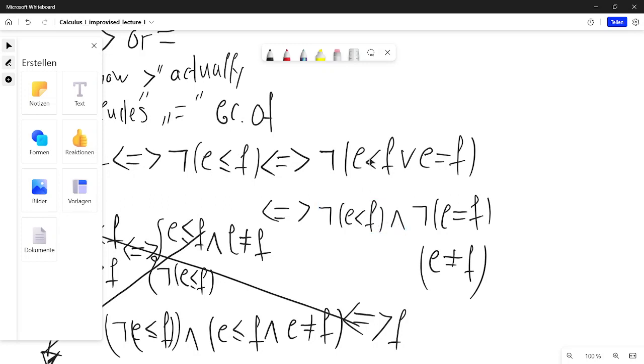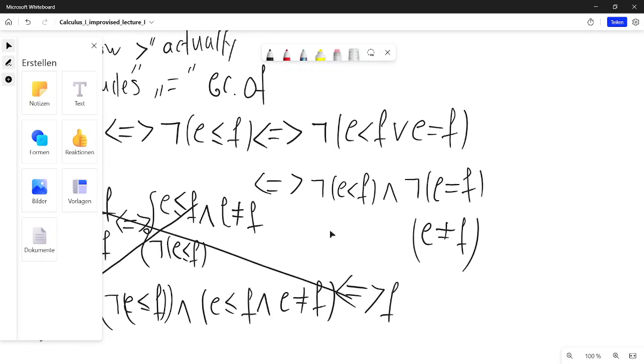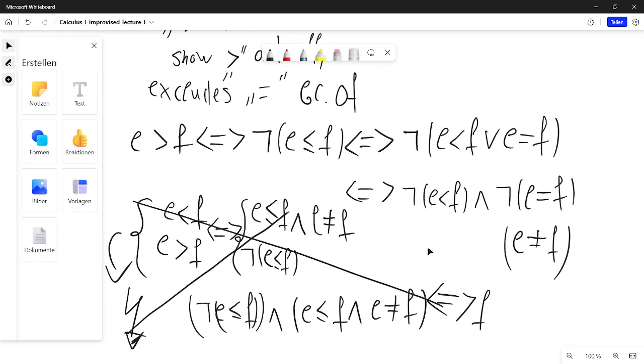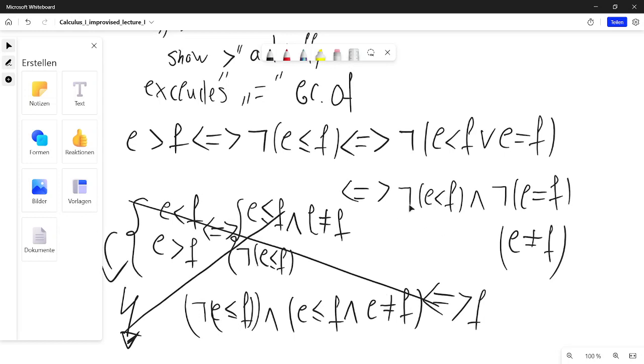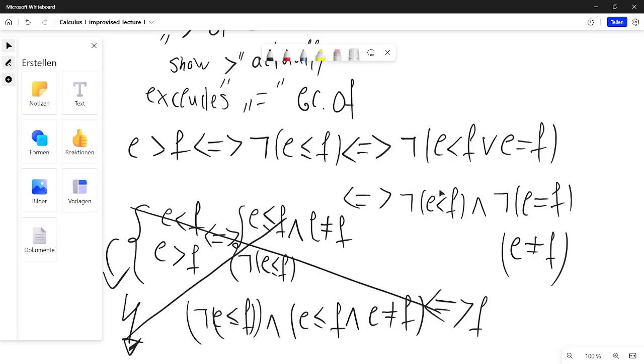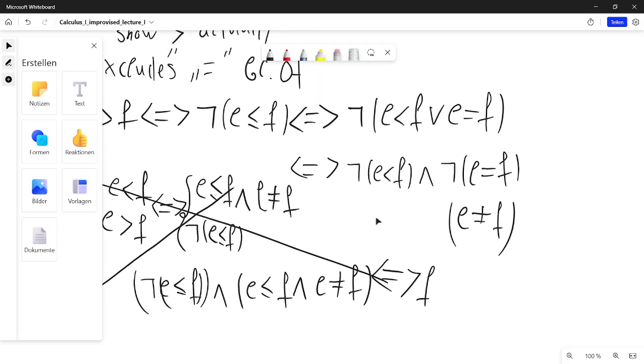Right, we have the nots with this and. I would like to show that this follows, but this not. If I already have that, then this not is actually obvious. So this is true.